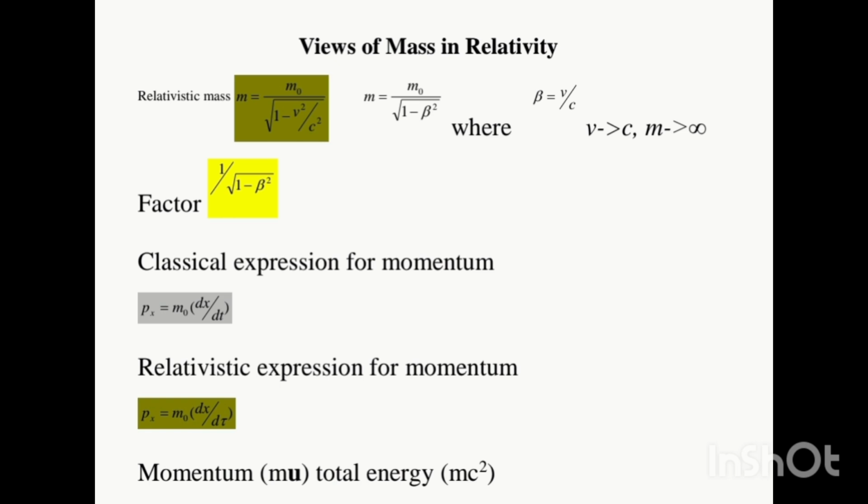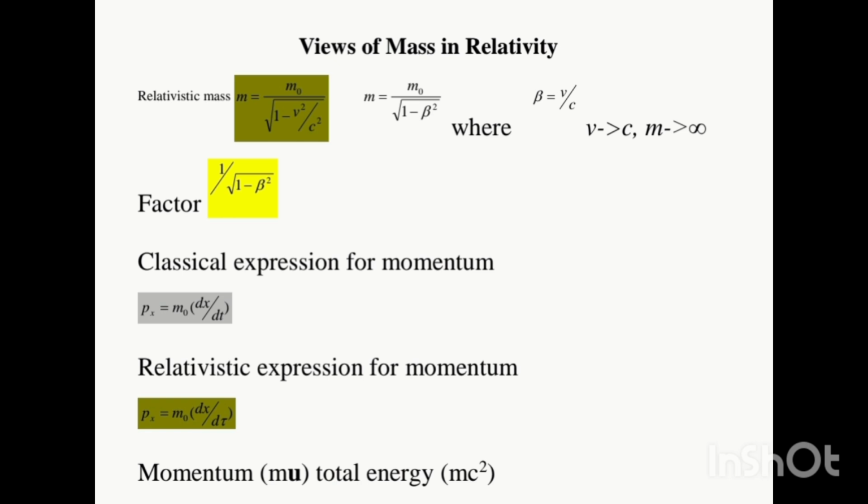Nevertheless, there are advantages of a pedagogic nature to using the concept of relativistic mass. Both the momentum m times vector u and the total energy mc square have simple familiar forms in terms of relativistic mass m.